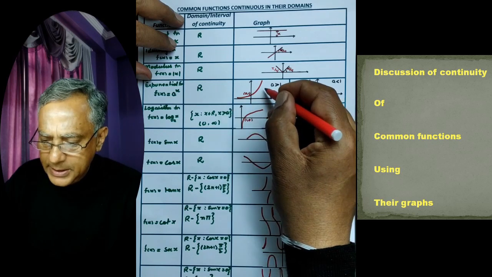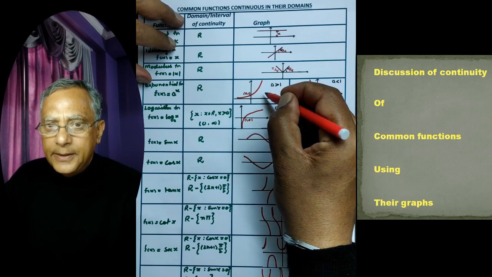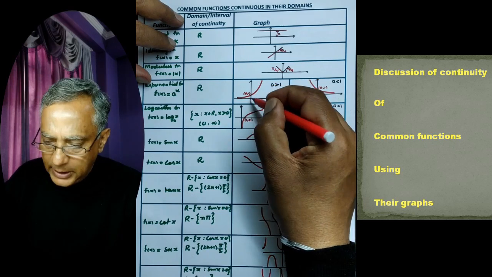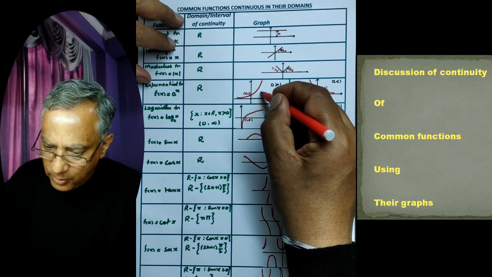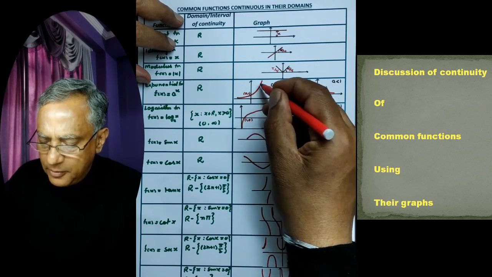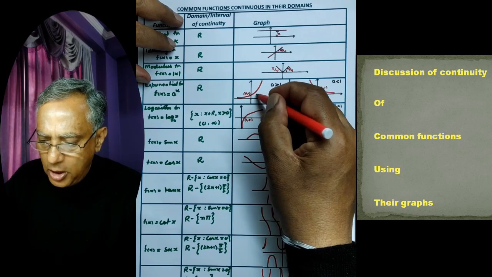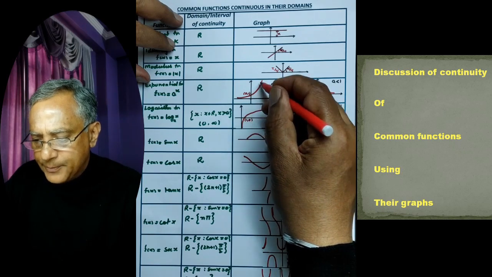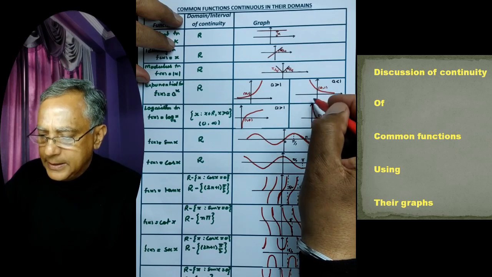For inverse functions, if we have two inverse functions, f and f inverse, their graphs will be mirror images of each other on the line y equal to x. We can obtain the graph of log by taking the mirror image of this graph in the line y equal to x, and similarly for these.